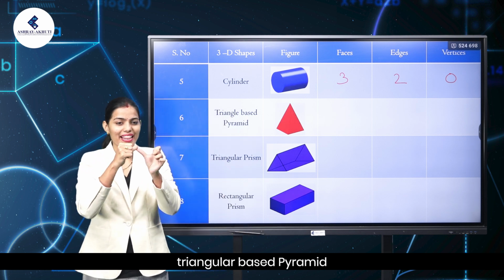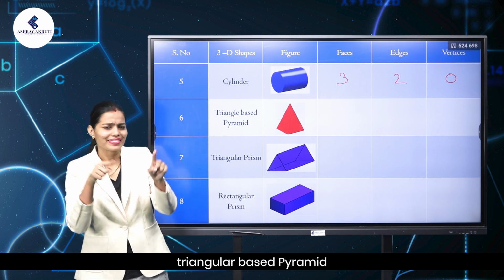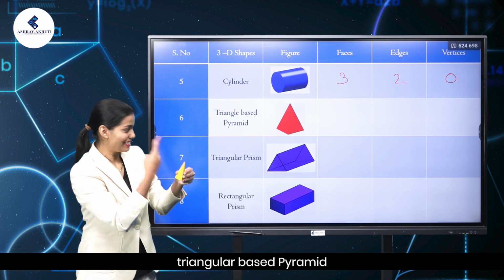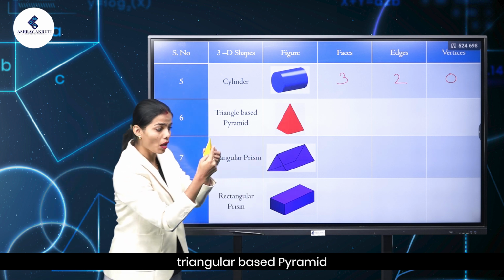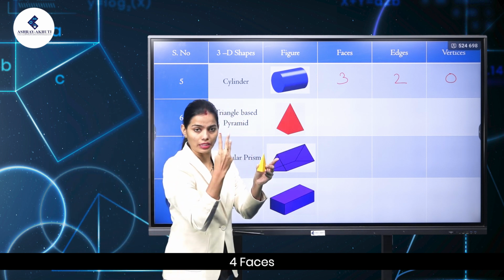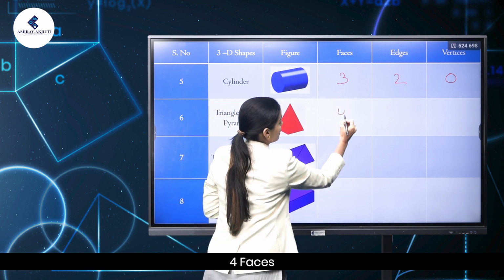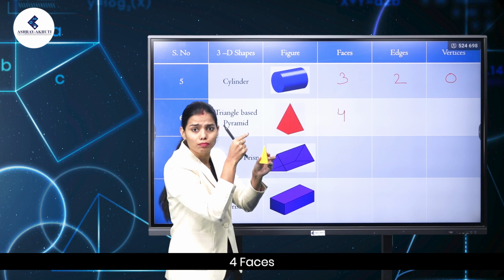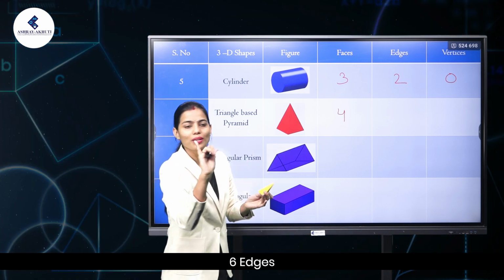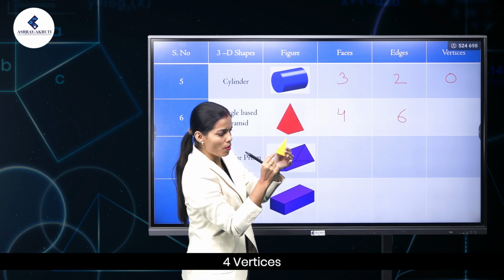Triangular based pyramid, 4 faces, 6 edges, 4 vertices.